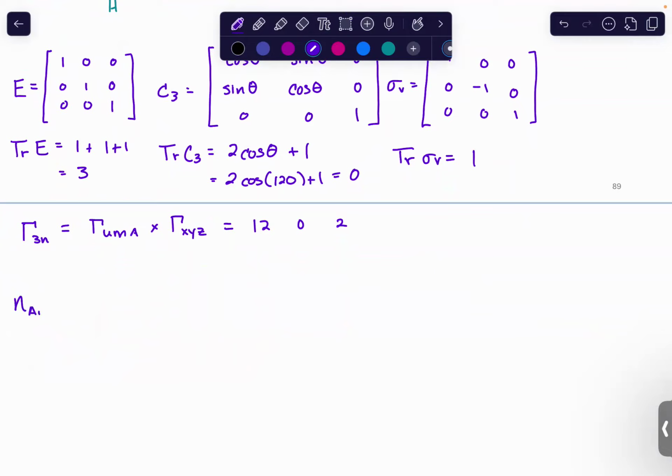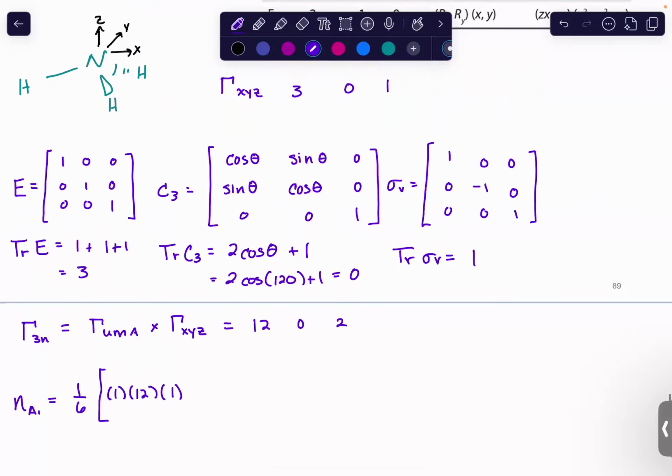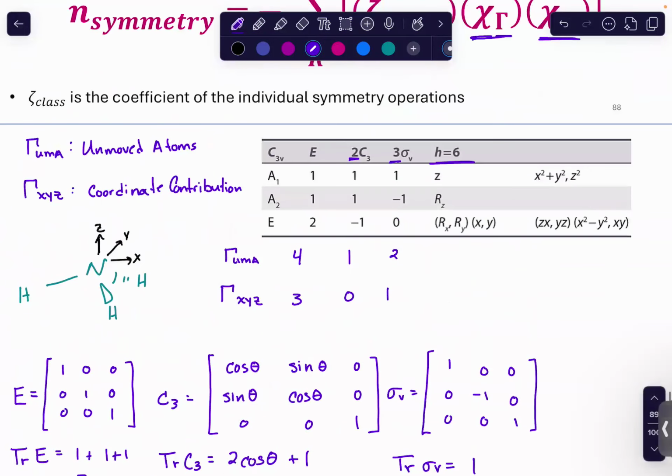The number of A1s is going to be 1 over 6. In front of the E, there's 1. The character from the gamma 3n is 12, and the character from A1 is 1. Do I need to bring the character table down again so you can see it? Yeah, let's do that.